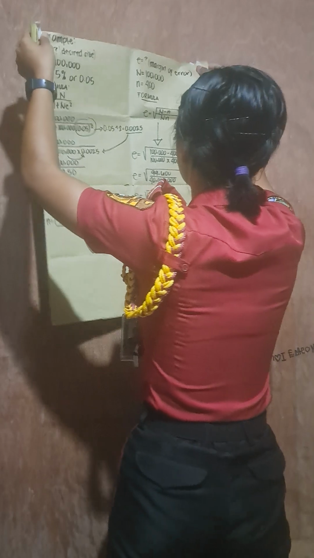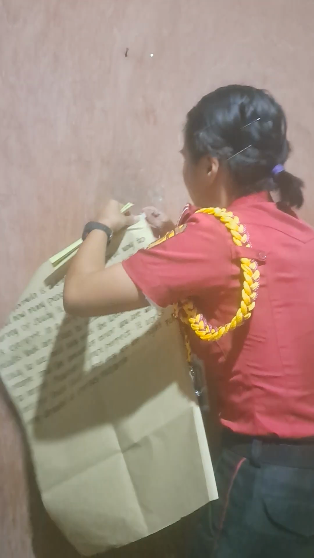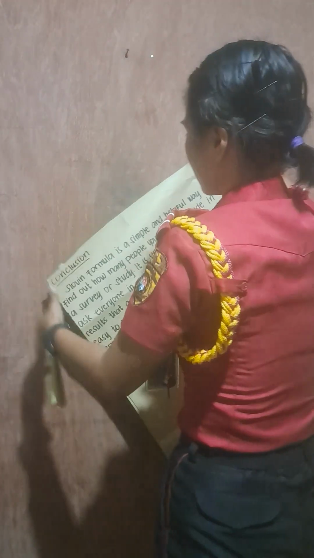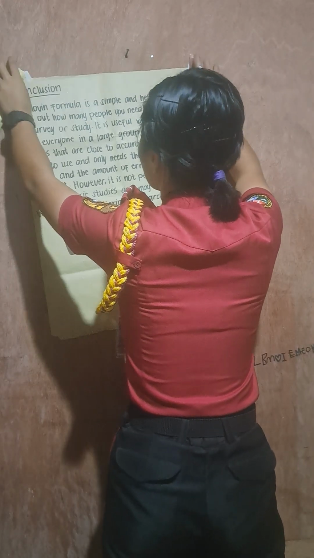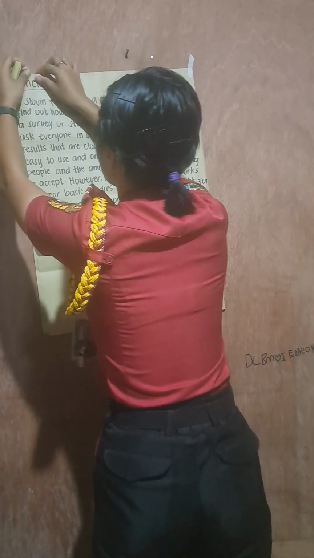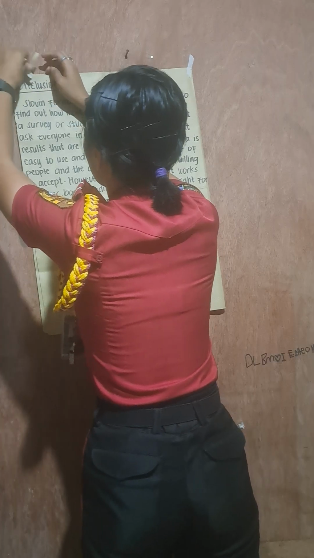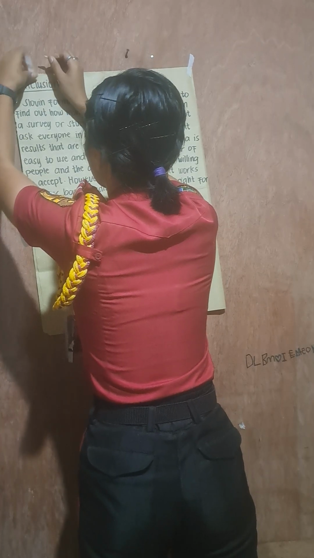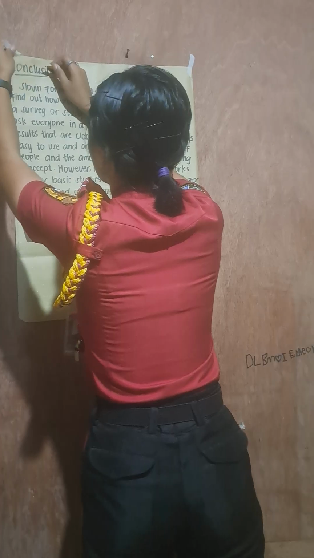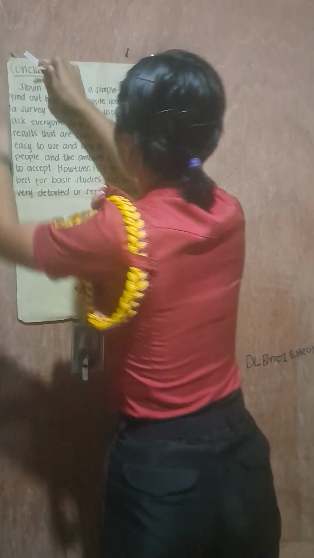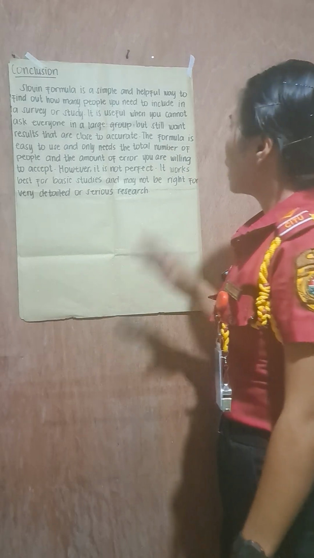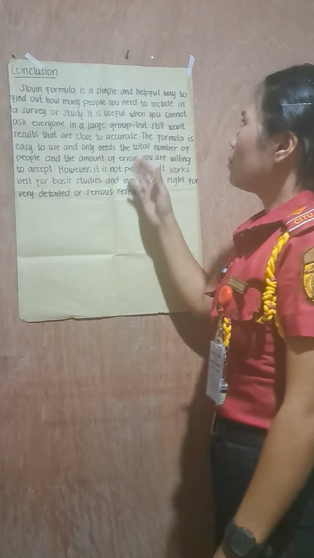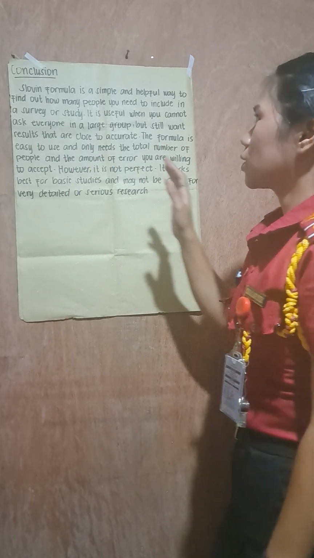So, conclusion. Slovin formula is a simple and helpful way to find out how many people you need to include in a survey or study.